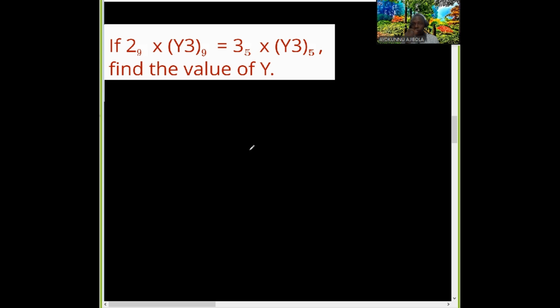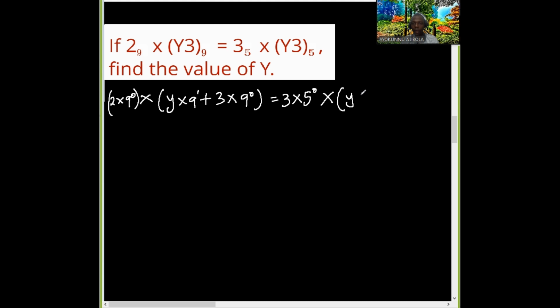As you might have rightly done, we have to change everything to base 10, which is 2 times 9 raised to power 0, times the other bracket, y times 9 raised to power 1 plus 3 times 9 raised to power 0, equal to 3 times 5 raised to power 0, then times the bracket of y times 5 raised to power 1 plus 3 times 5 raised to power 0.